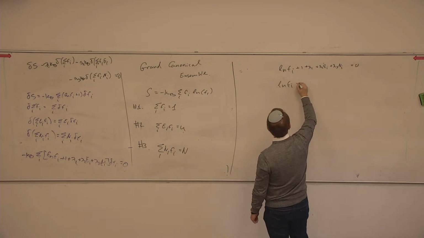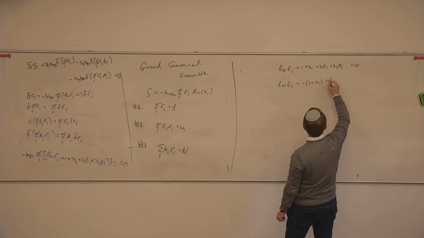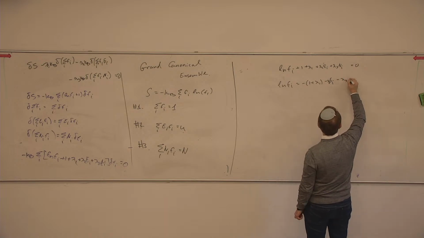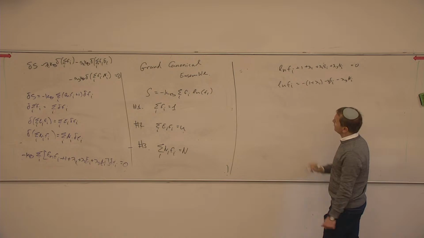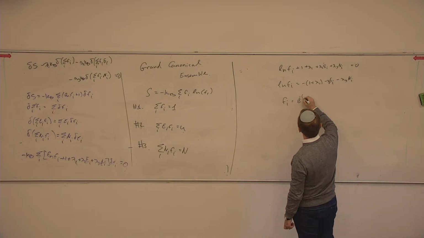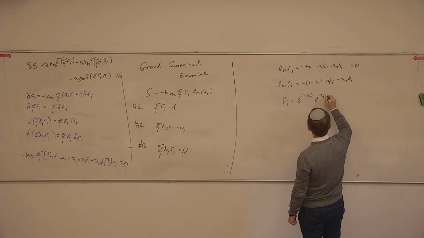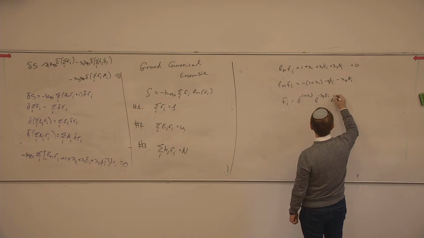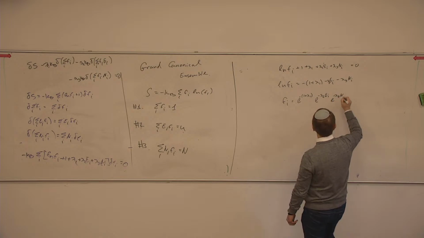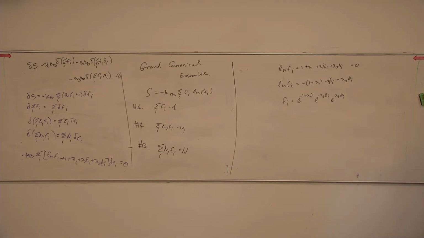Log of Fi equals minus 1 plus lambda 1 minus lambda 2 EI minus lambda 3 NI. Therefore, Fi equals e to the power minus 1 plus lambda 1, e to the power minus lambda 2 EI, e to the power minus lambda 3 NI. Great! Again, the same form.